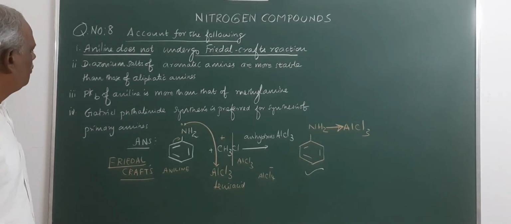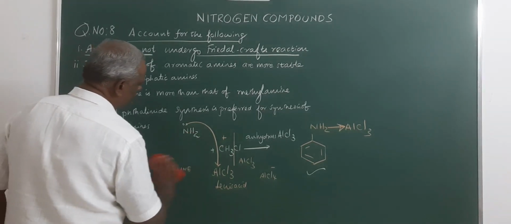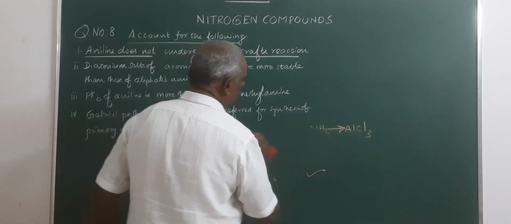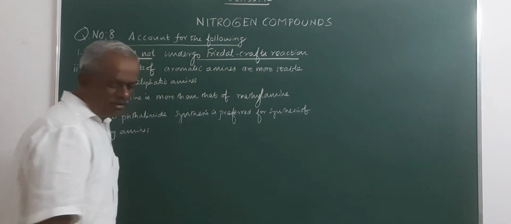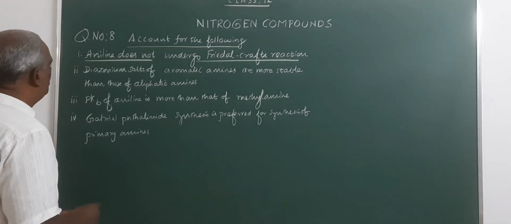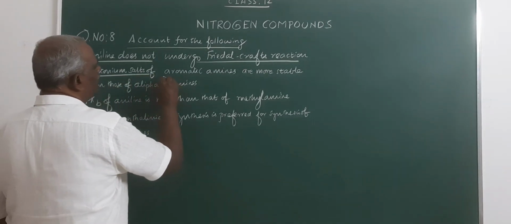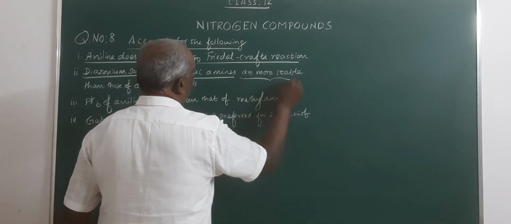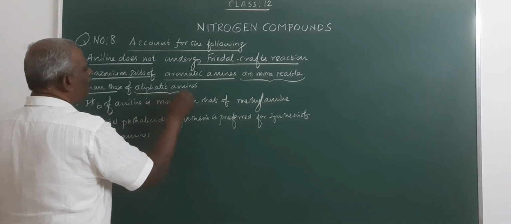Likewise, if you see the second part: diazonium salts of aromatic amines are more stable than those of aliphatic amines.